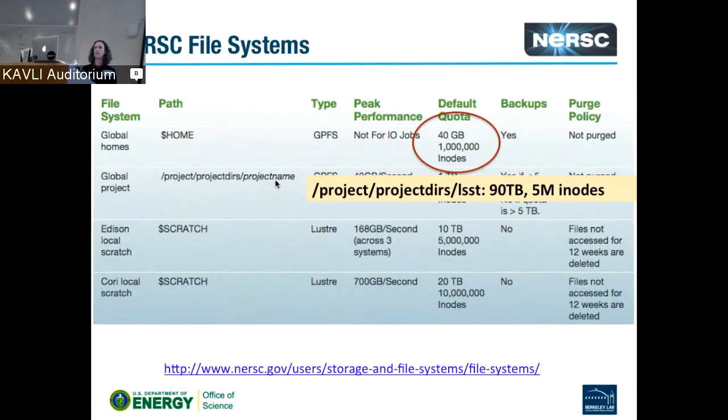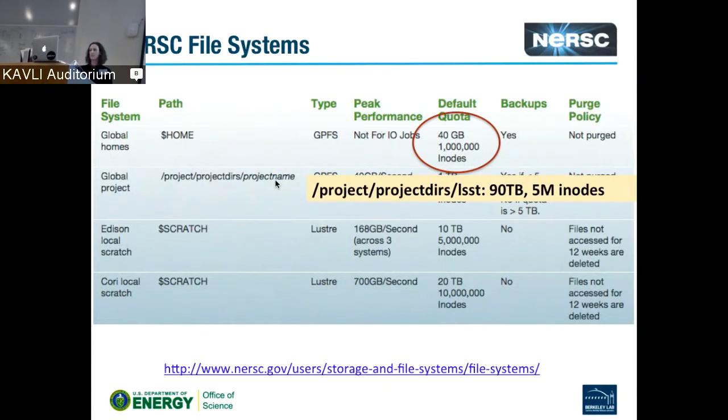That's your quota, and that's what you get in your home directory. We recommend people do things like building code in your home directory or storing configuration files. It's not got very fast I/O, but it is great for storing configuration files.